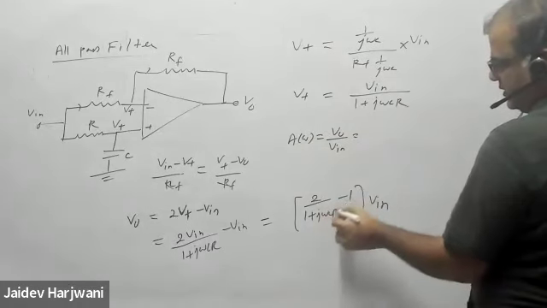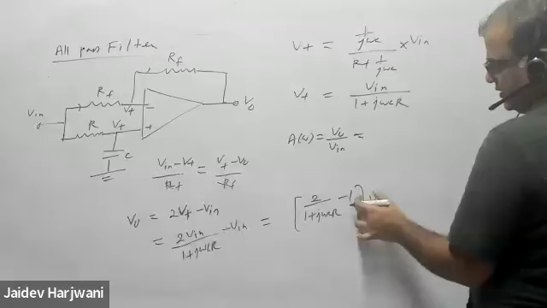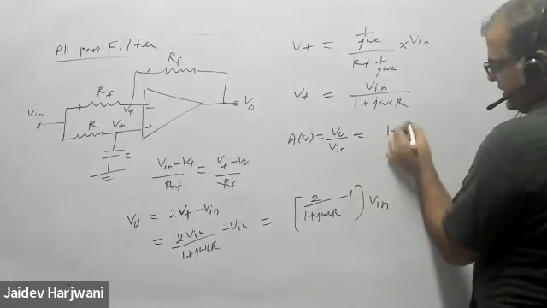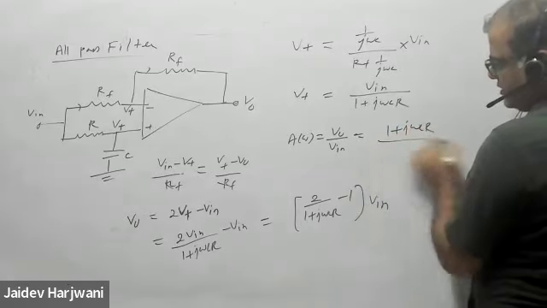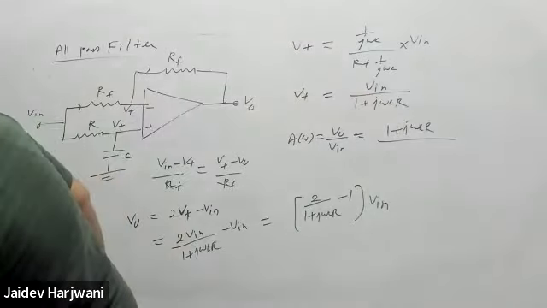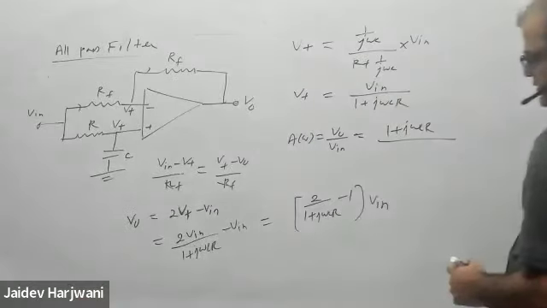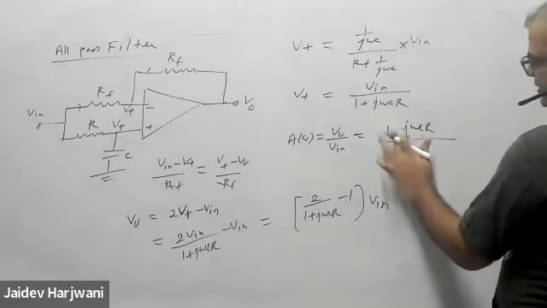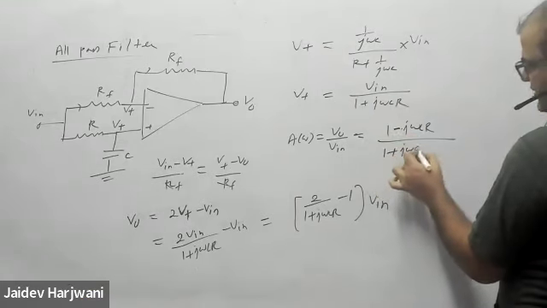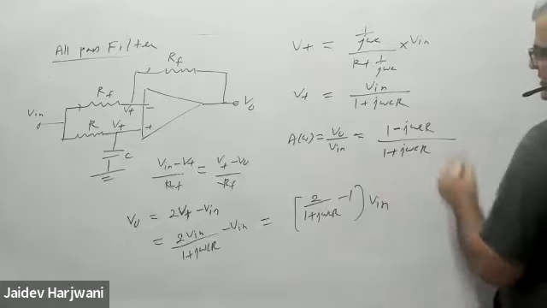This will be (1 minus j omega CR) upon (1 plus j omega CR). This is the gain. Now this is the all pass filter. We'll see how.